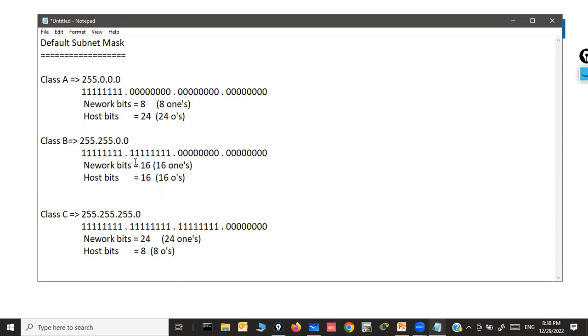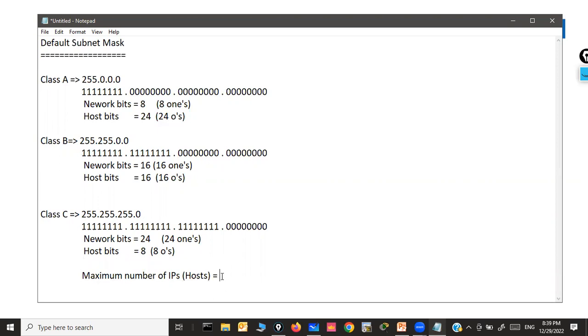And class C, if you remember, yesterday we discussed that class C network is the smallest network. If we have to calculate the maximum number of IPs or hosts, one and the same thing, then the maximum number of IPs is 254.